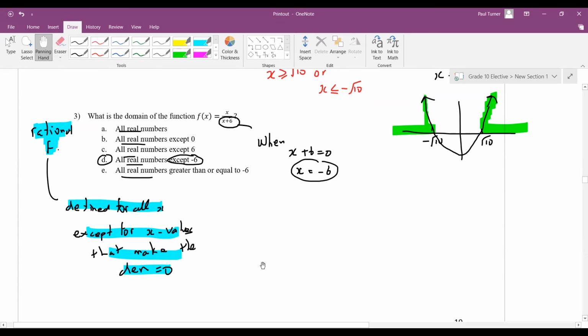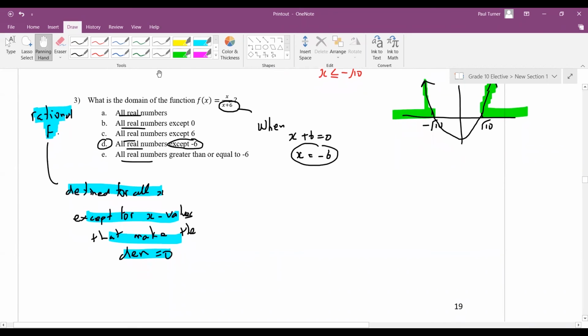So we got a few minutes. So that's D for the answer, that one. So all real x, except when x is -6. And that's your definition of domain. Should write that there. Not range. This is for your domain definition.